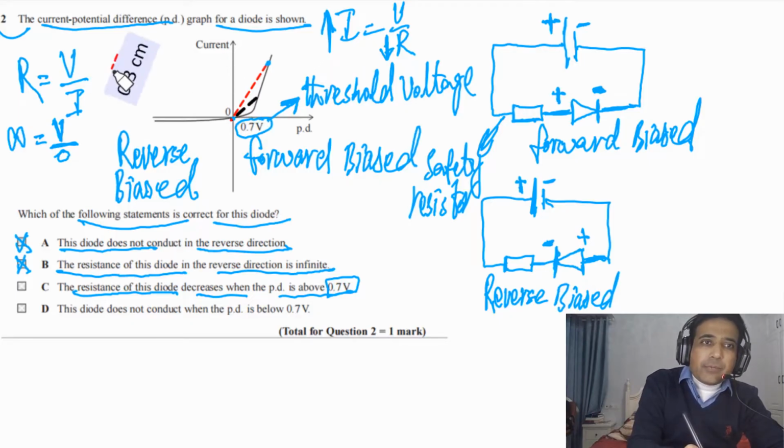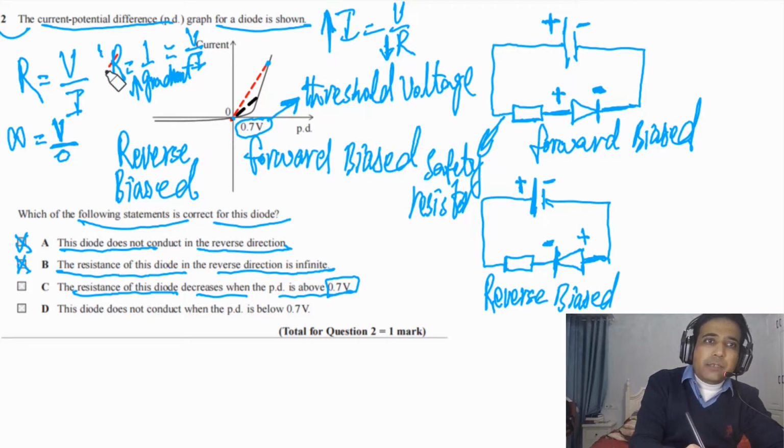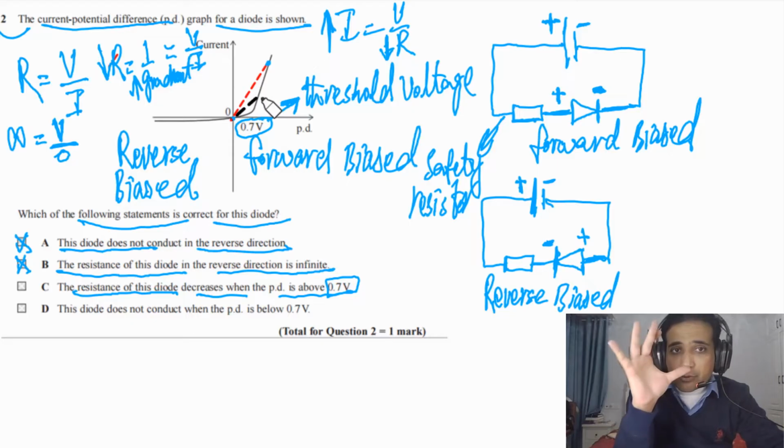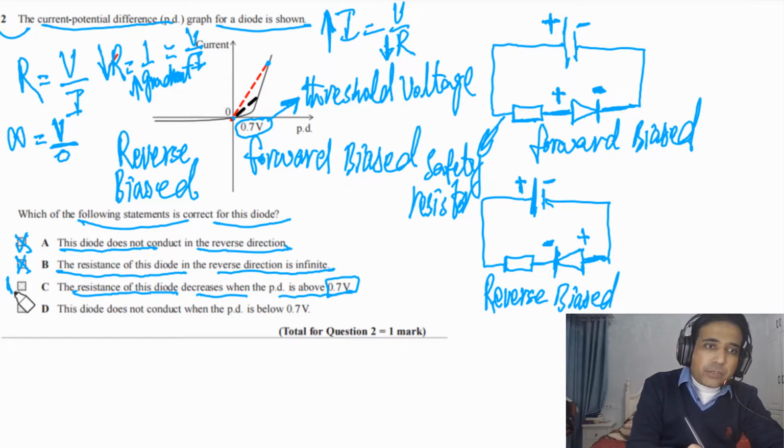Resistance is equal to 1 over gradient, because gradient is equal to I over V and resistance is V over I. So if this gradient is steeper, it means resistance will be lower. If this one is higher, this one will be lower, and vice versa. So we can say resistance is decreasing after 0.7 volts. So the answer for this question is C.